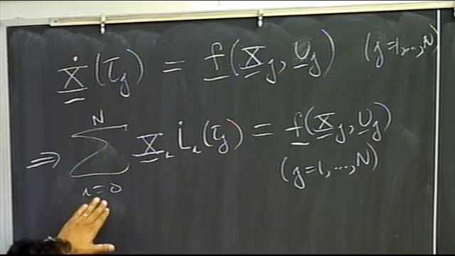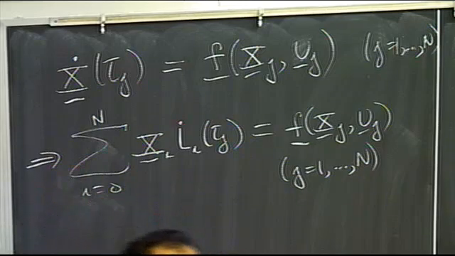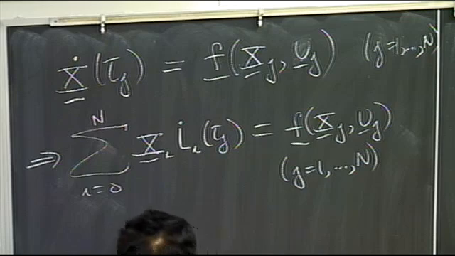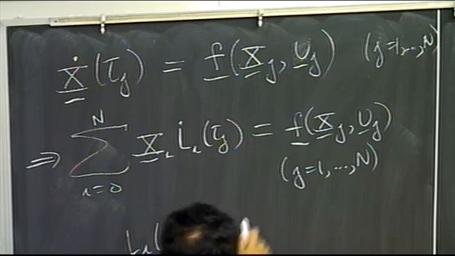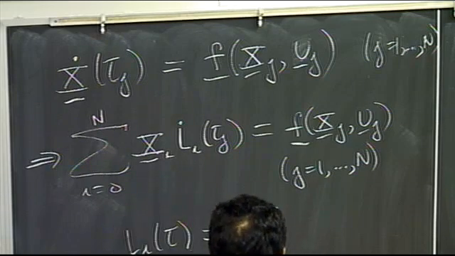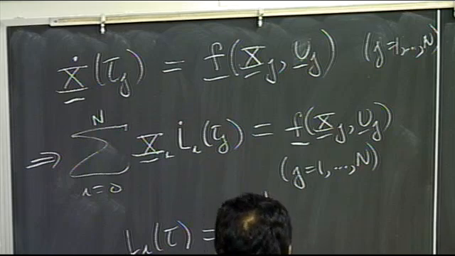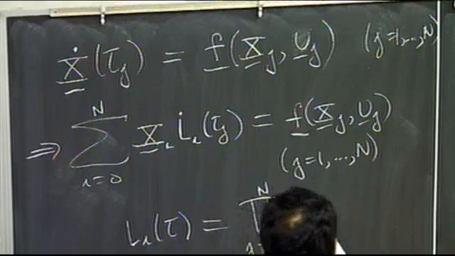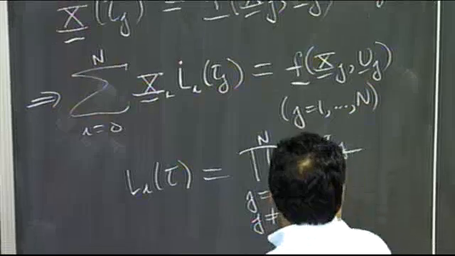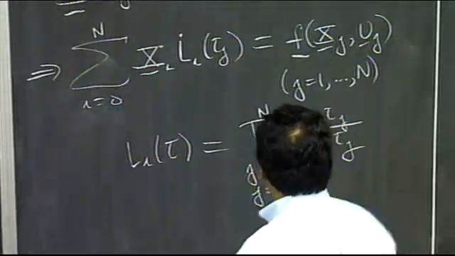But I'm using a basis of Lagrange polynomials, my original Lagrange polynomials. I have n plus 1 Lagrange polynomials. So the original Lagrange basis that I've got, L_i of tau, is a product from j equals 0 up to n, j not equal to i, of tau minus tau_j, all divided by tau_i minus tau_j.